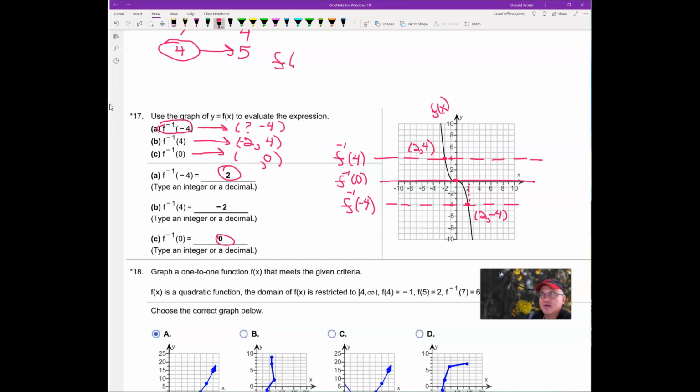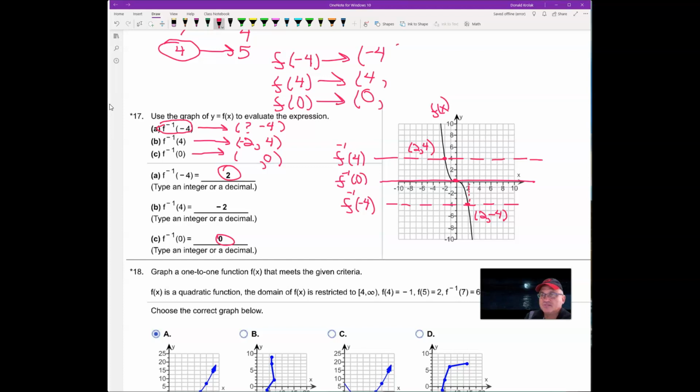So if these problems look like this instead, with an f instead of the inverse, then the negative 4 would be the x values instead of the y values. And you would be looking for the missing y values. When they're inverses, the numbers in here are your y values, and you're looking for the missing x values.